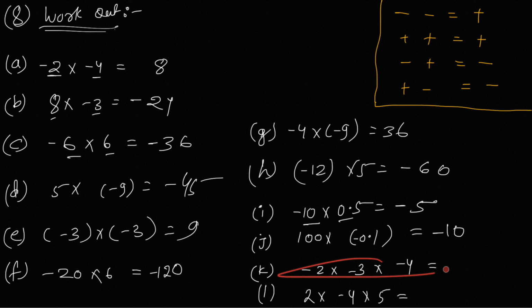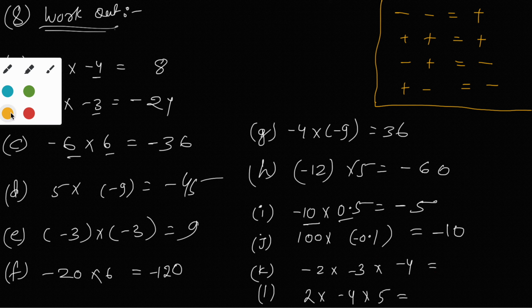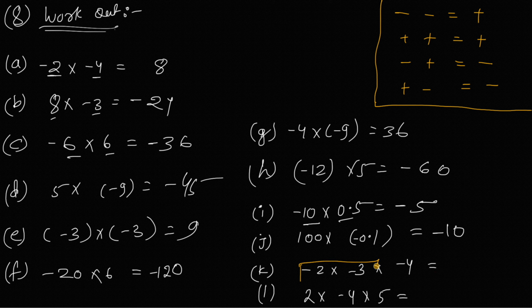Now here, first solve this. So minus 2 and minus 3 will give you a positive number, that is 6. Okay, now 6 times negative 4 is 24. It's a positive negative, so it is negative.